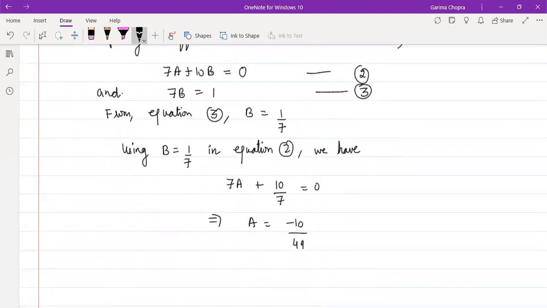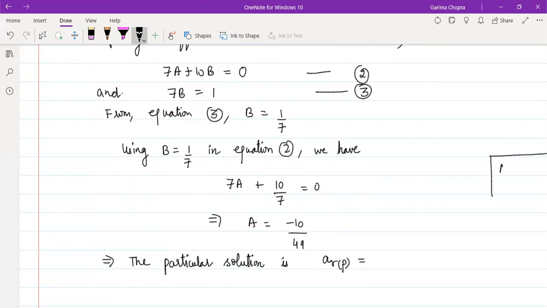So this implies the particular solution is, you have the sequence a subscript r. Now this is P for the particular solution. And what was the form? The form which we have taken was A plus B r, the polynomial of degree 1, and then C raised to power r, which was 2 raised to power r.